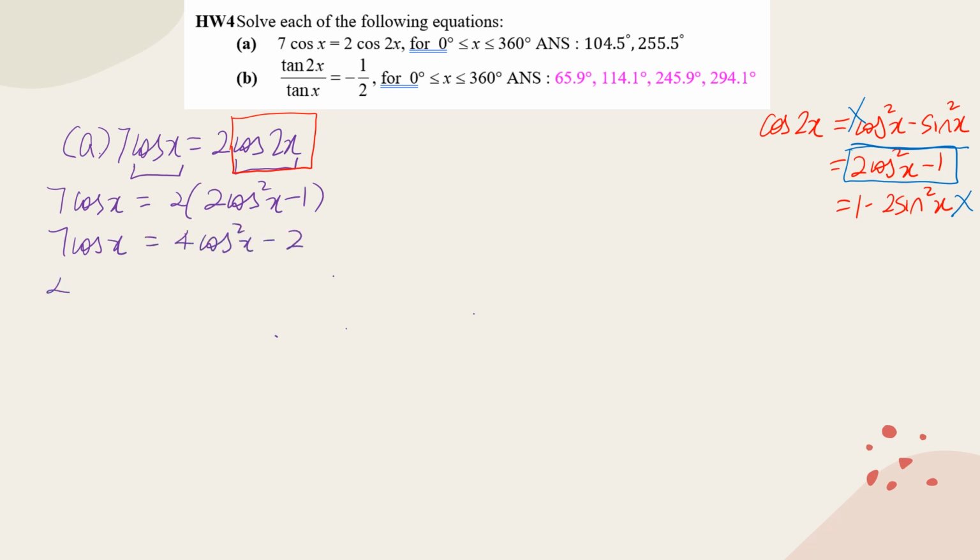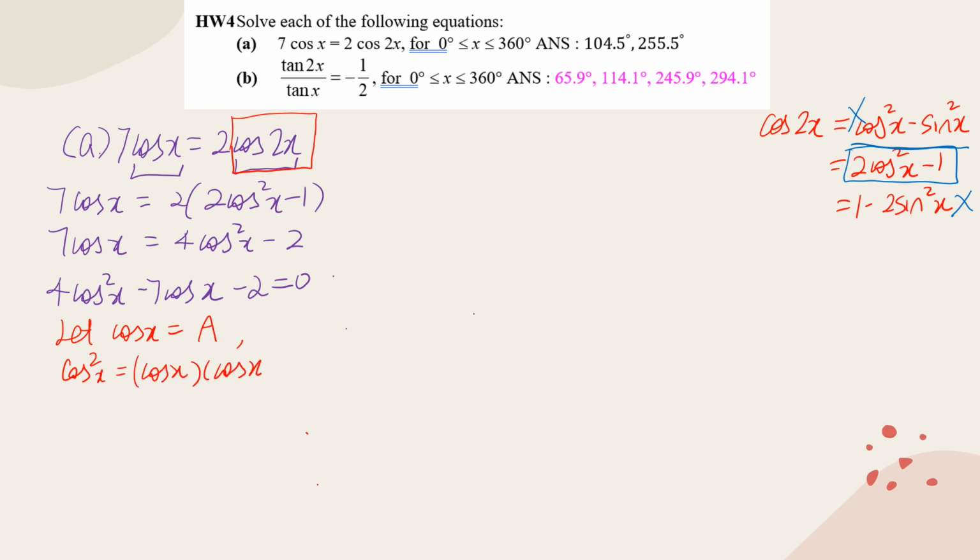And you see that we end up having a quadratic trigo equation. All right, so if you're not comfortable factorizing a quadratic trigo equation, you can always use substitution, meaning you can always let cosine x equal a letter A. So cosine square x is just cosine x times another cosine x, and that gives you A squared.